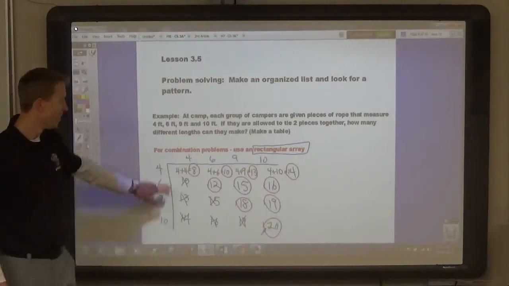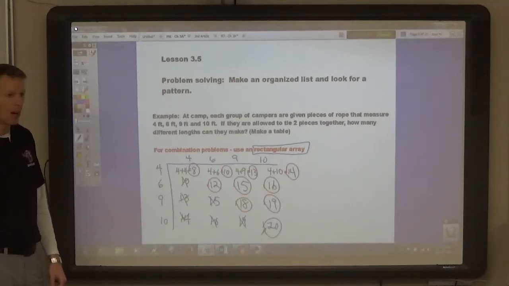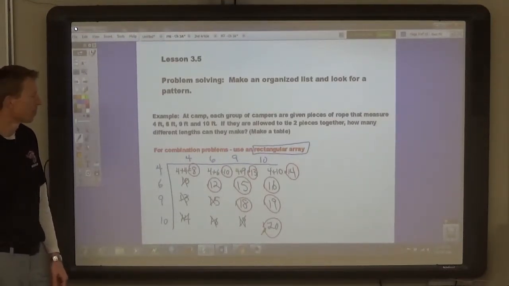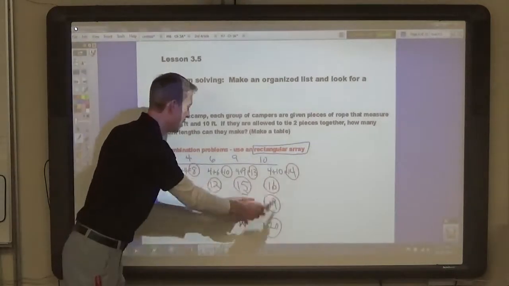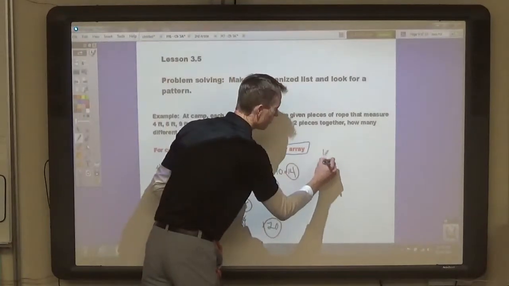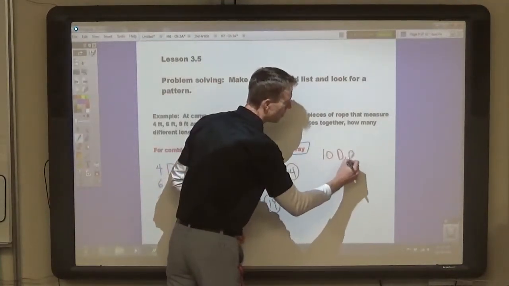Oh, okay. You forget about this? Yes. All right. So, how many different lengths could we make? Kaden? 10? 2, 4, 6, 8, 10. Yep. 10 different lengths.